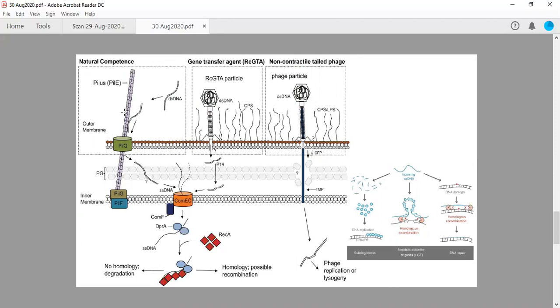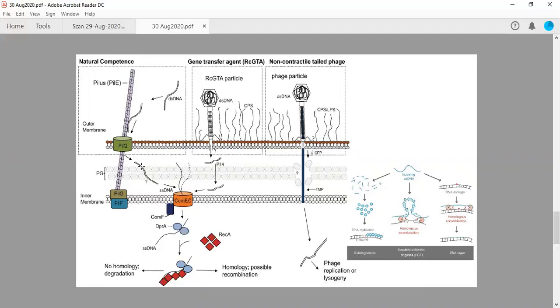So the pilin E protein is responsible for binding of this double-stranded DNA and helps in moving this double-stranded fragment to one channel, that is the pilin Q protein. Through this channel, the double-stranded DNA molecule will move into the periplasmic space, the space between the outer membrane and inner membrane.